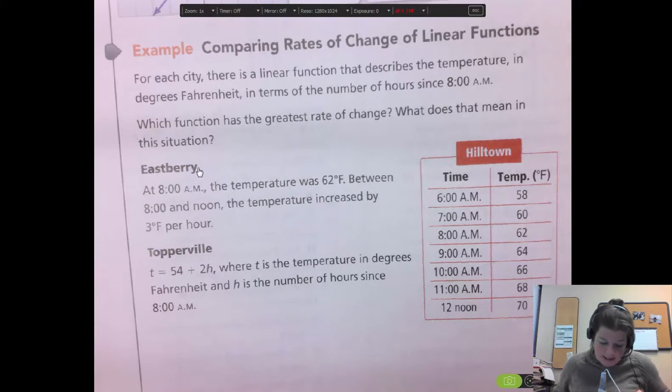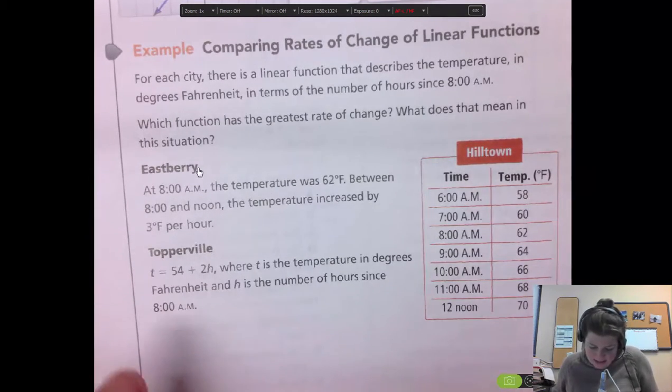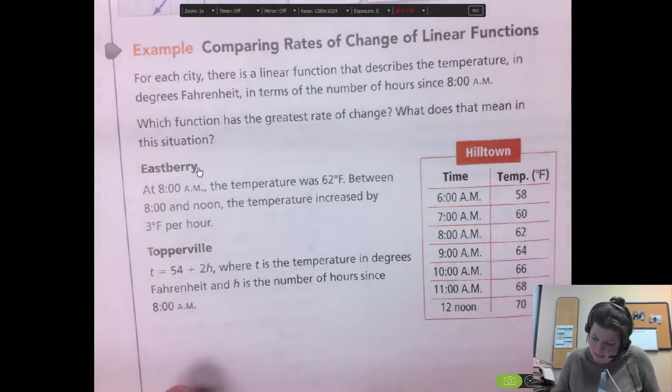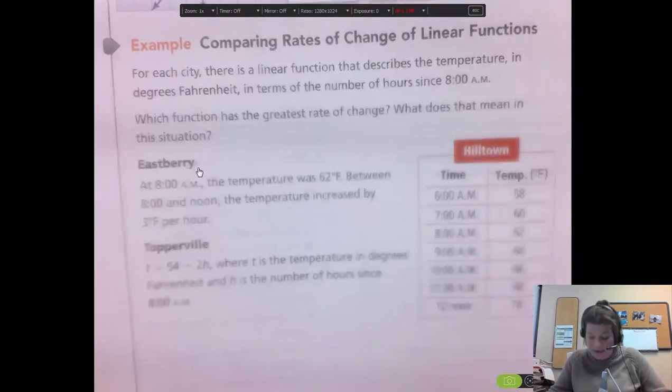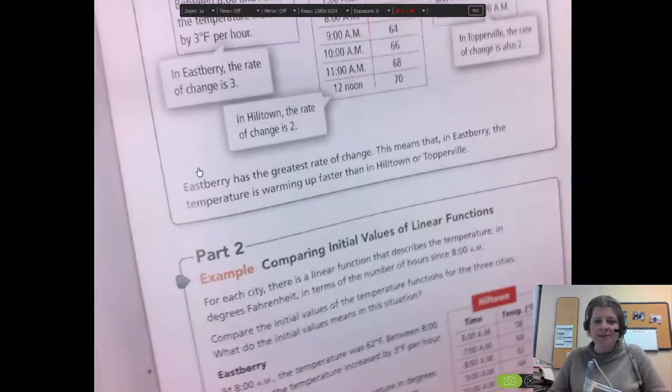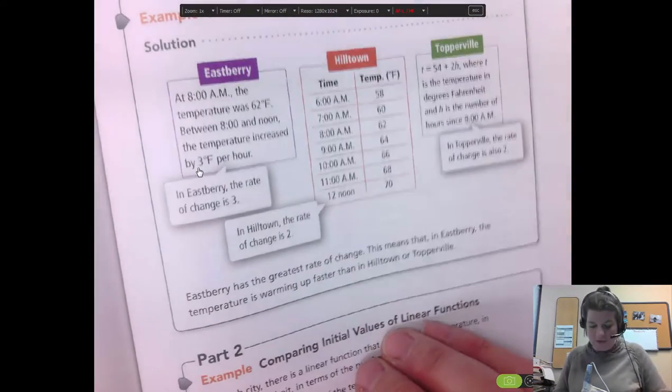What does that mean in this situation? So they give us Hilltown, and they give us Eastbury. They didn't give us both the data in the question, so I was a little confused.